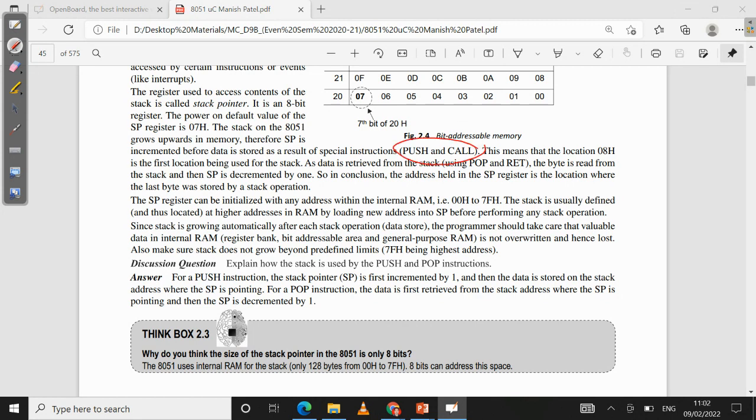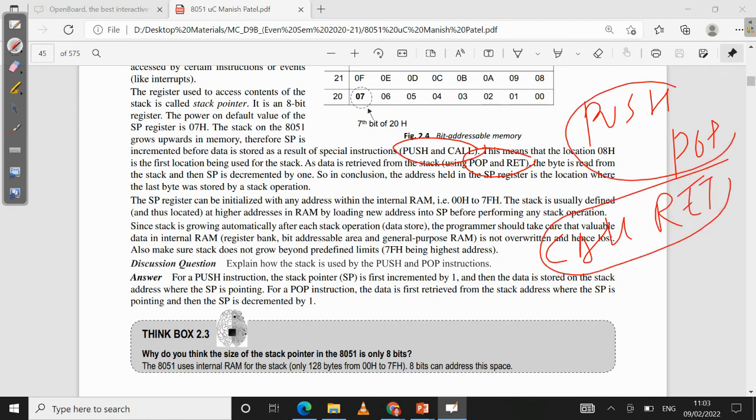How do you retrieve that value? By using pop and ret. That means push and pop will go together, and your call and ret will go together. This is used to store the value in the stack.